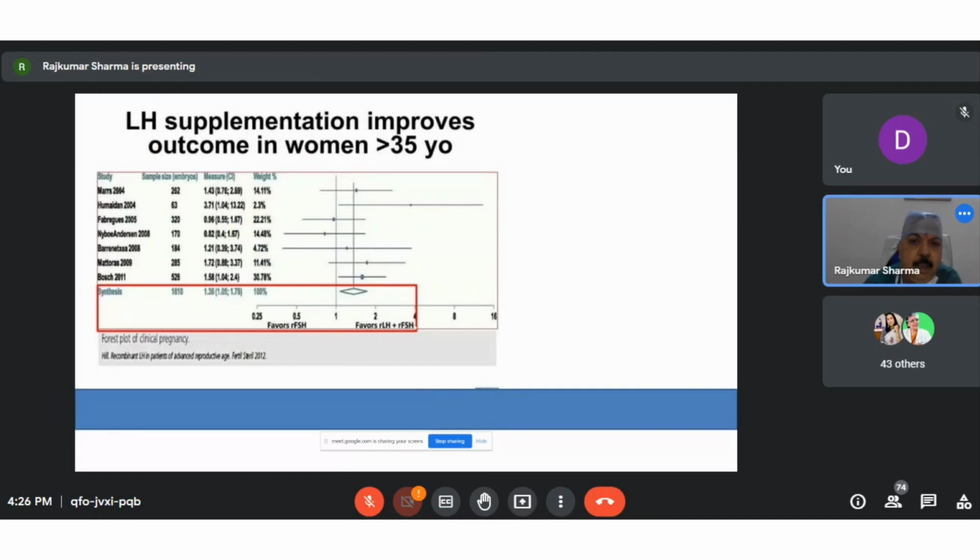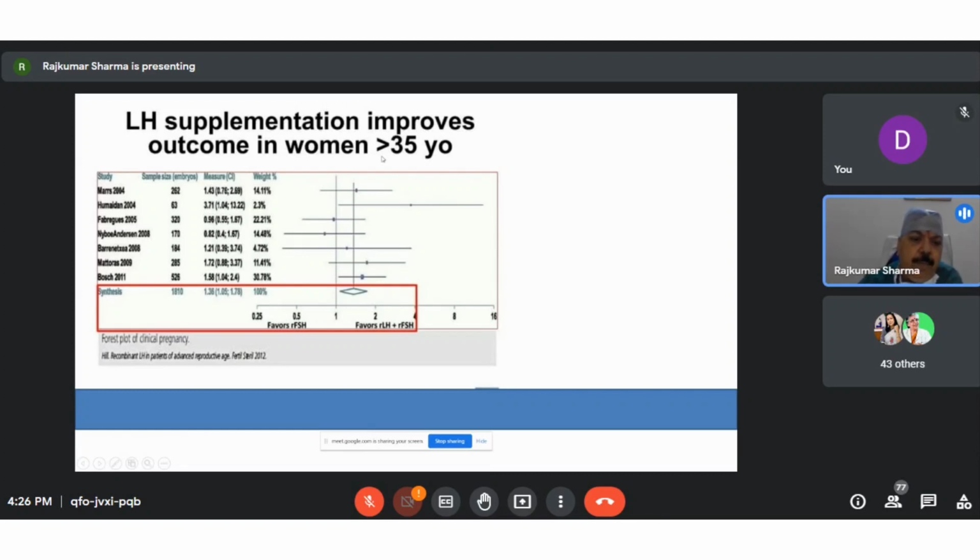So for these patients, forest plot studies for clinical pregnancy by various authors have shown that when the woman is more than 35 years, it is more favorable to add recombinant LH along with recombinant FSH for getting better quality oocytes and a better pregnancy rate.